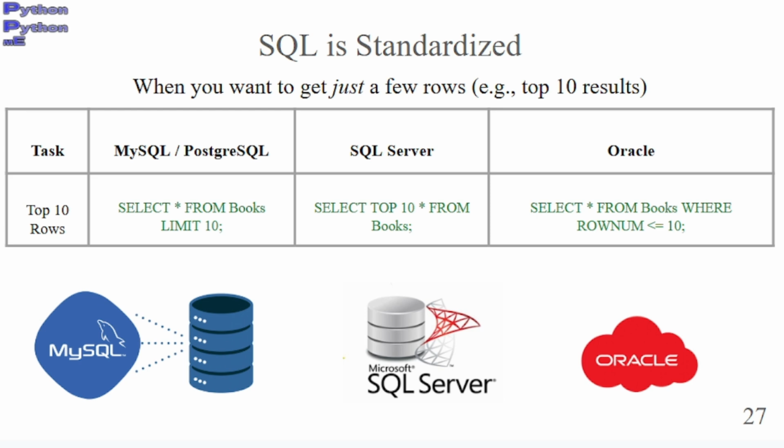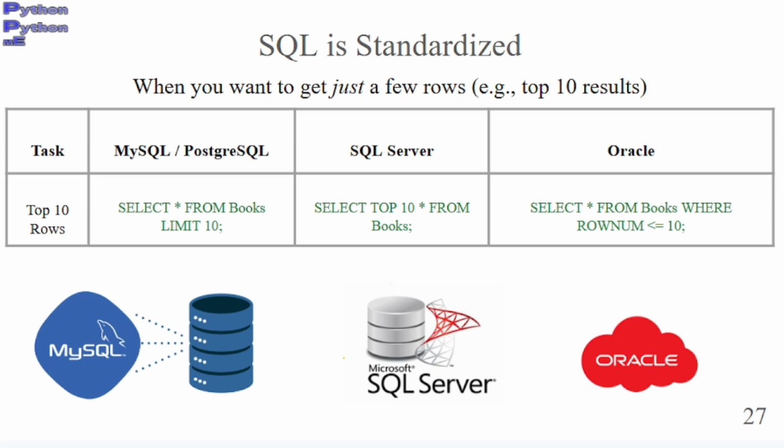Let's say we would like to list only the first 10 rows of a table. When we perform the same action across different platforms, the command slightly varies. In MySQL you would write select star from books, and here we would like to limit ourselves to 10 results, so we write limit 10.